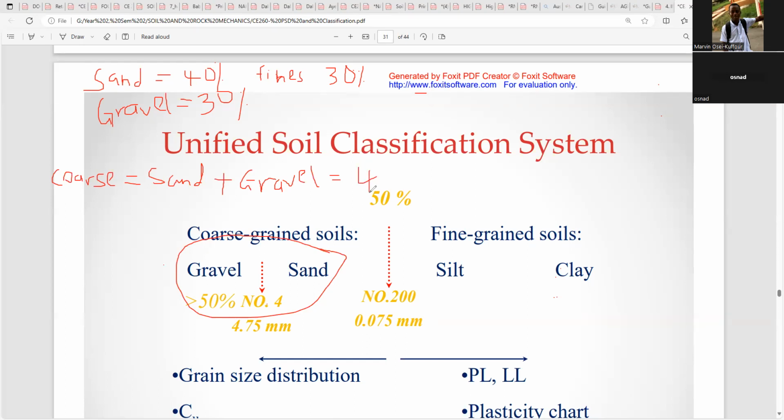So you have 40% sand, plus 30% gravel. This is going to give you 70% coarse. Okay, so we have the coarse grained to be 70%. Please keep it well. We are going to the table right away.